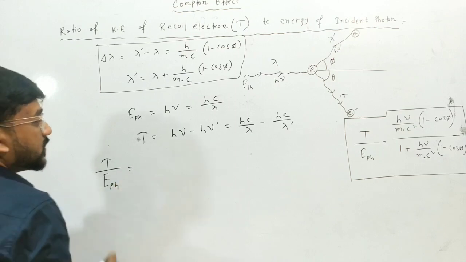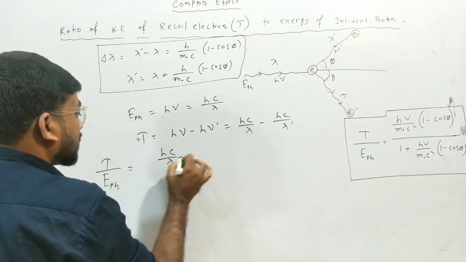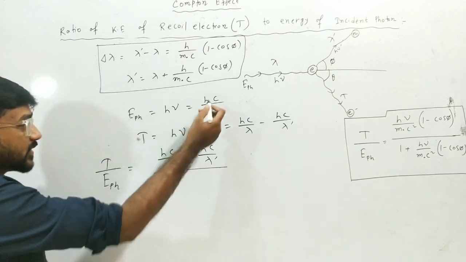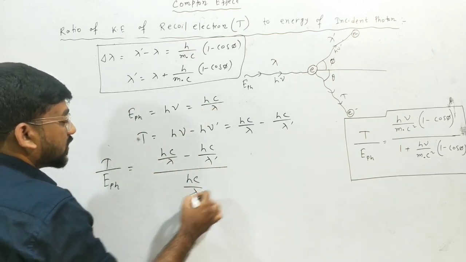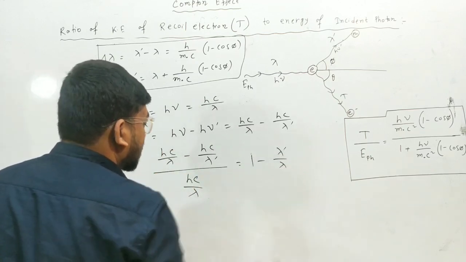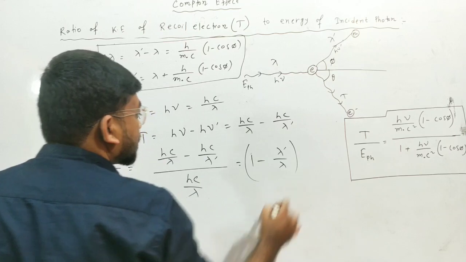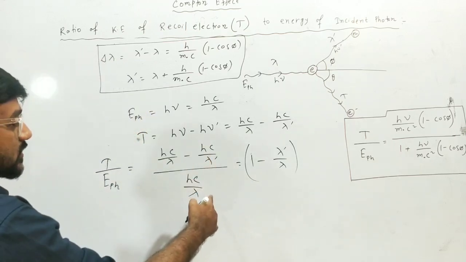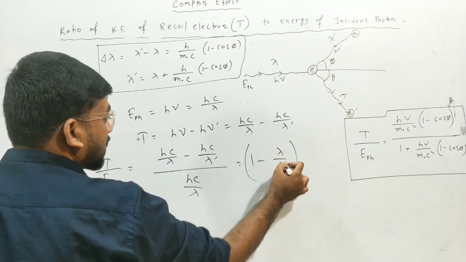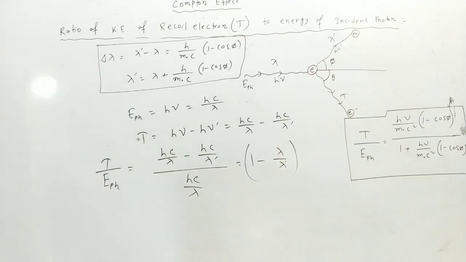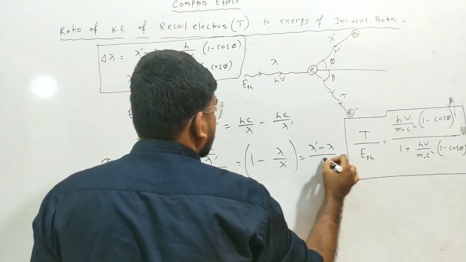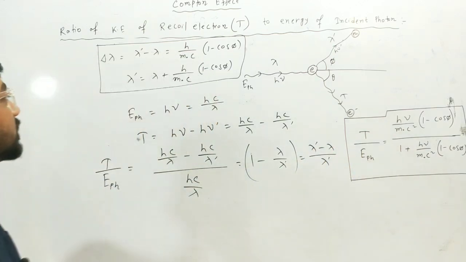T upon EPH is hc upon lambda minus hc upon lambda dash, divided by hc upon lambda. If you calculate, it is easy: this becomes 1 minus lambda by lambda dash, which is lambda dash minus lambda divided by lambda dash. Now what is lambda dash minus lambda?